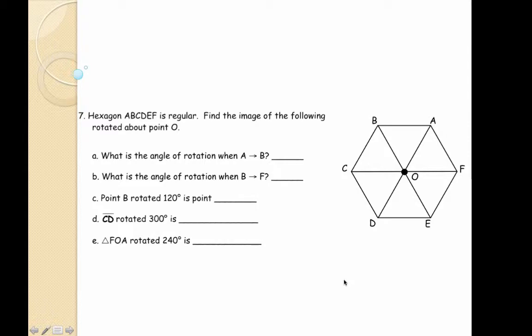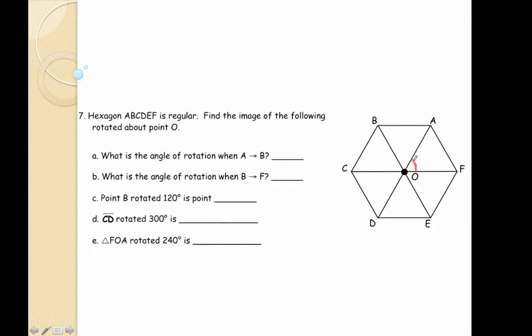Okay, so here we have a hexagon, and we want to find the image of things rotated around that point O, which is the center. Well, the thing about a hexagon is that it splits that 360 degrees that you have all the way around into 6 pieces.